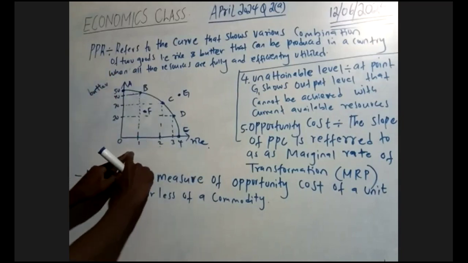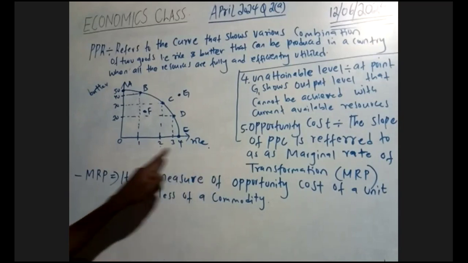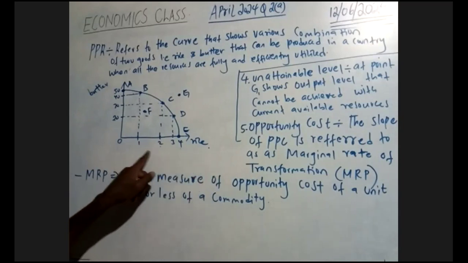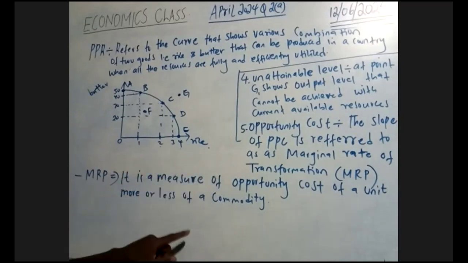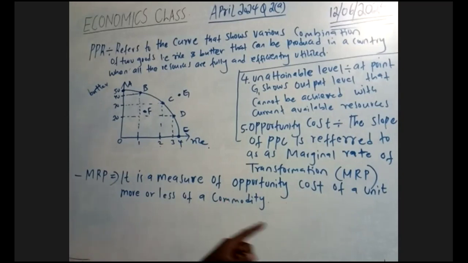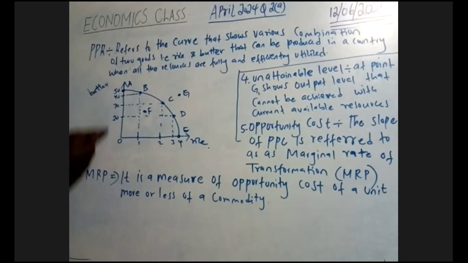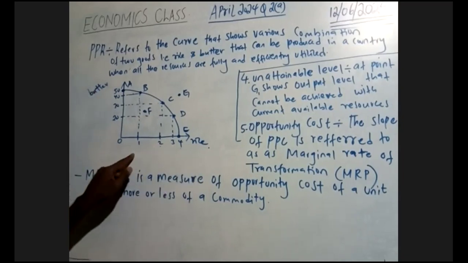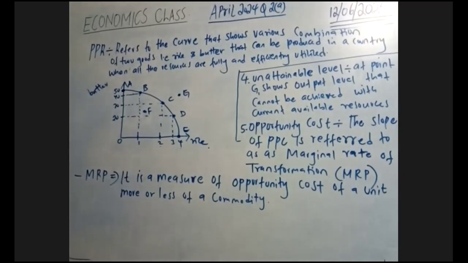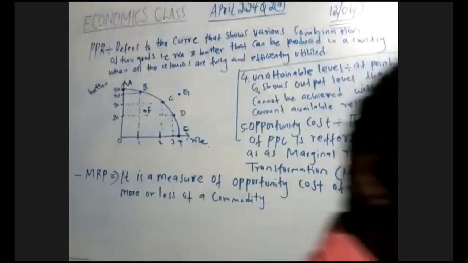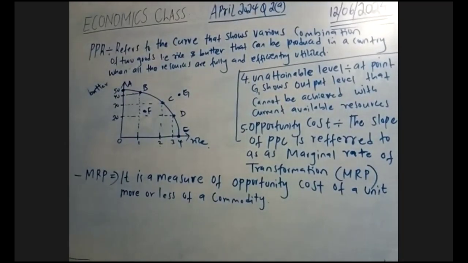If we add rice, we shall get the opportunity cost of additional rice. So the opportunity cost of a unit more or less, either we add or we reduce, we shall get an opportunity cost in that situation. And that one, we shall categorize as an opportunity cost. I hope you can see my screen very well.